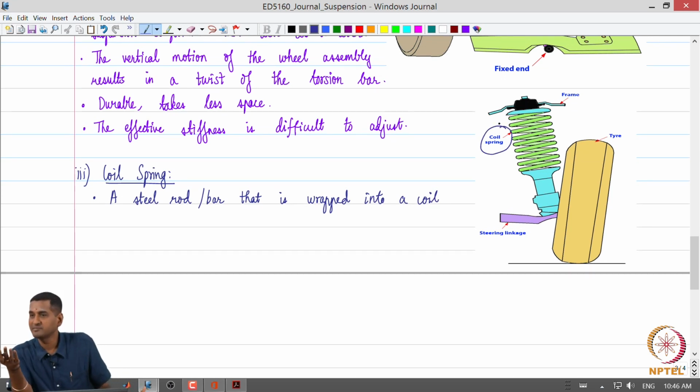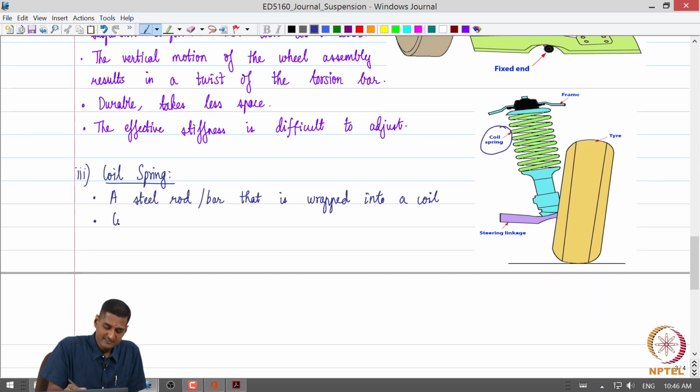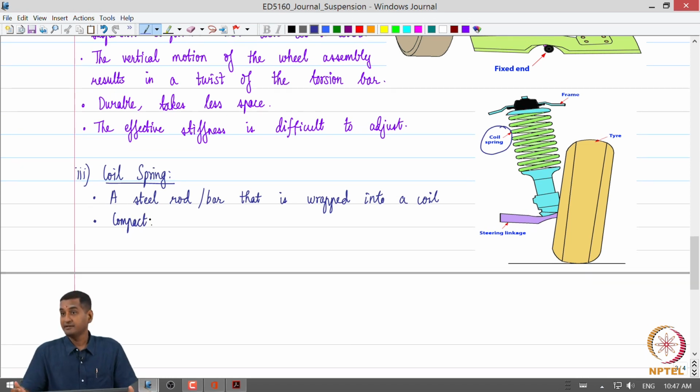It is the most common type of spring that we have always been exposed to, right. So, the main advantage is that they are compact, and we can essentially get the desired spring rate or the stiffness, right, by designing the coil spring carefully.